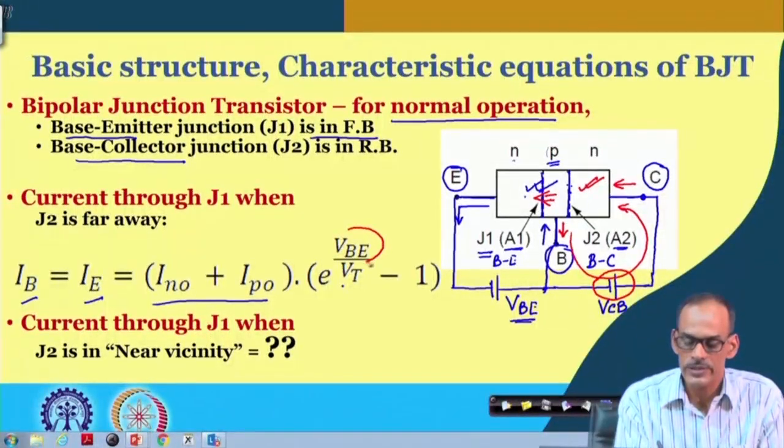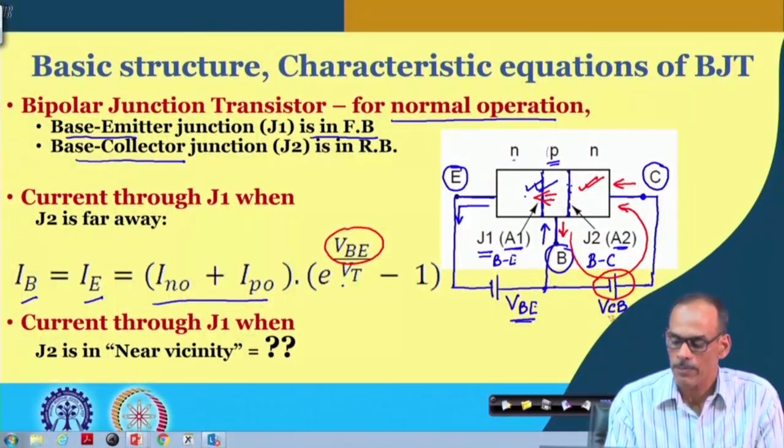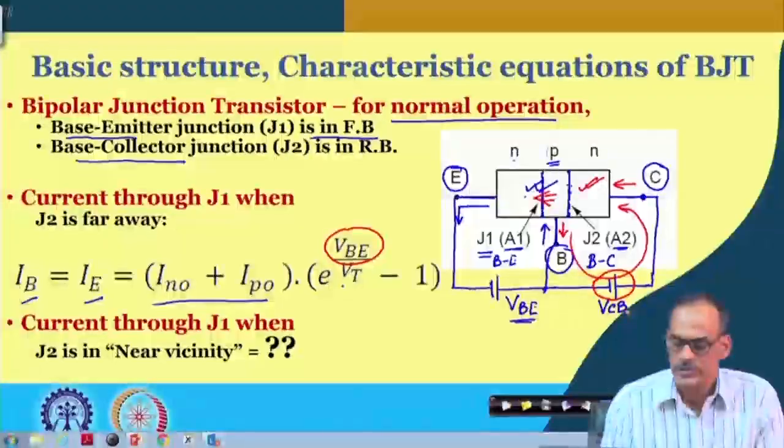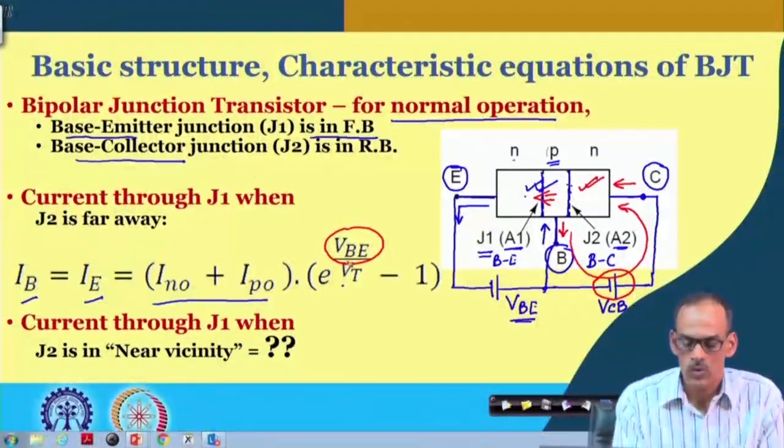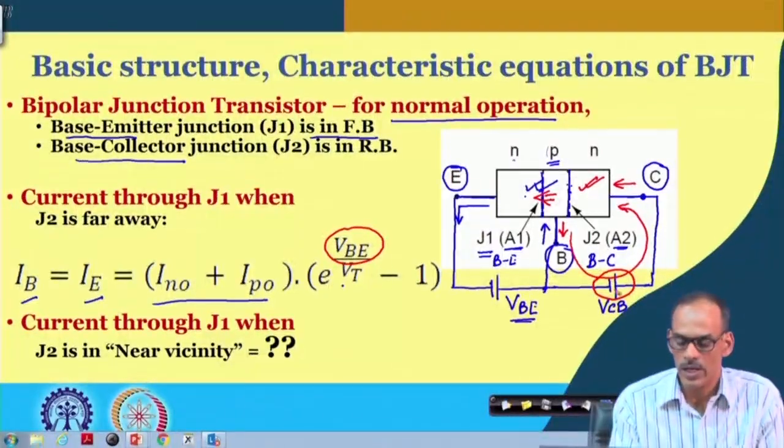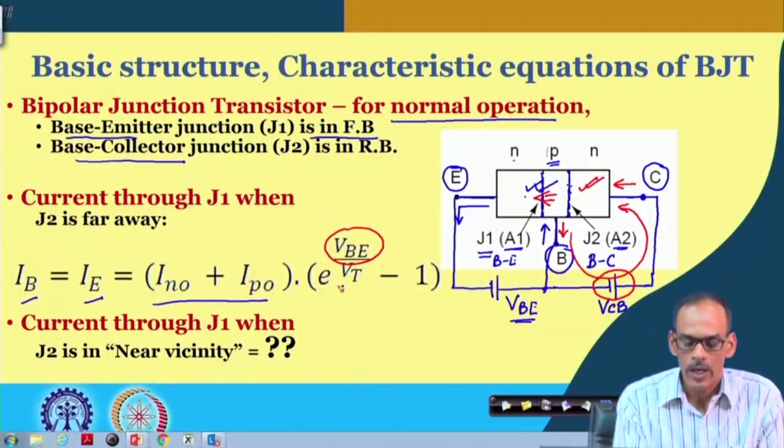Of course, in that case this will be VCB. Okay. If VCB is large, then this exponent will be negative, and typically this part will be much smaller than 1.